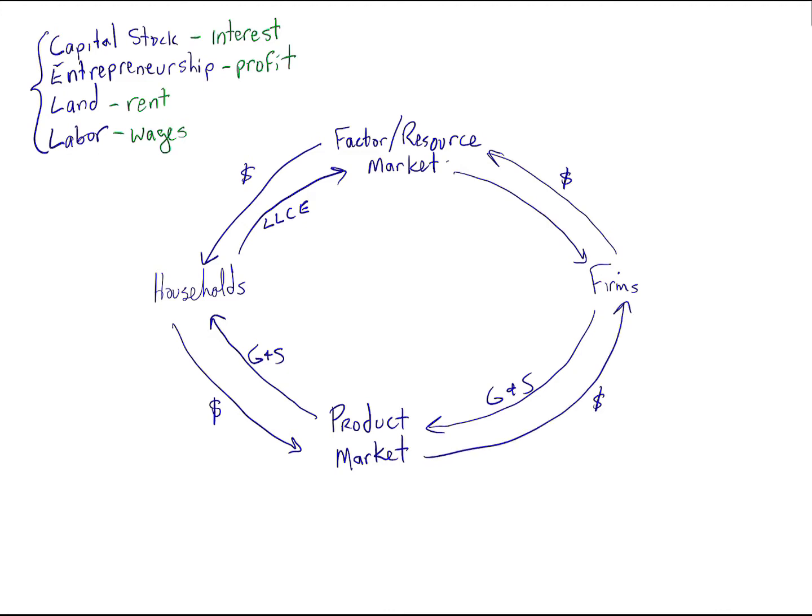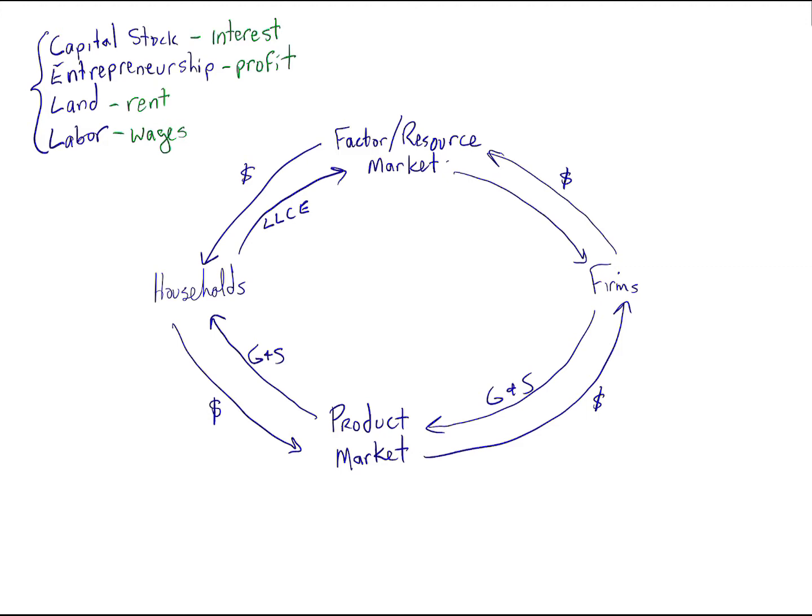And so what we see is, and that's why it's called the circular flow diagram, money going one direction and either the factors of production or goods and services, once the factors are converted, going the other direction.